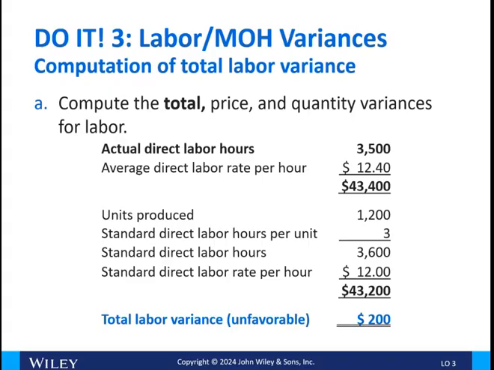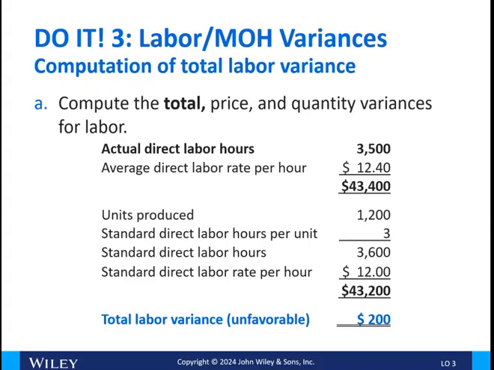At our standard rate of $12 per hour, we should have incurred $43,200 of labor. That's our standard. Our actual was $200 more than our standard, so we had an unfavorable total labor variance of $200.